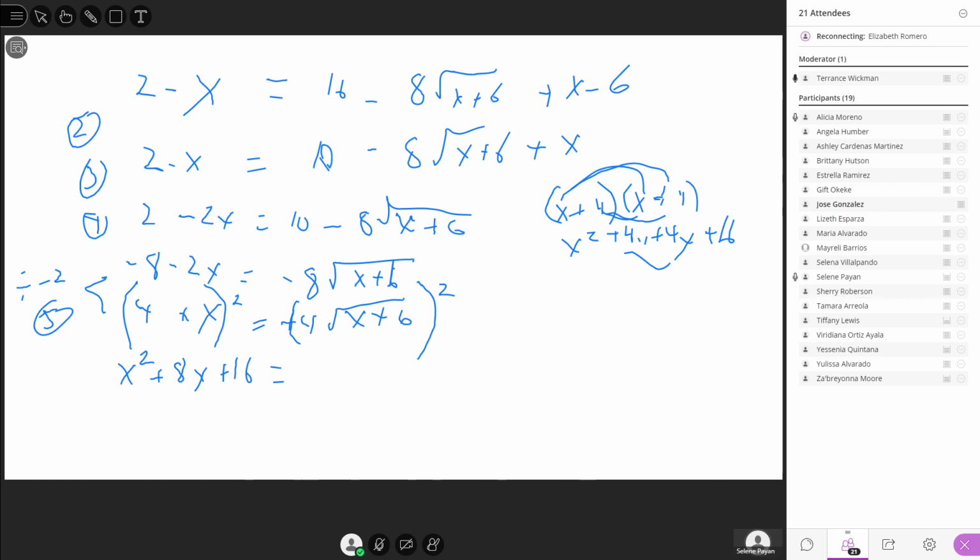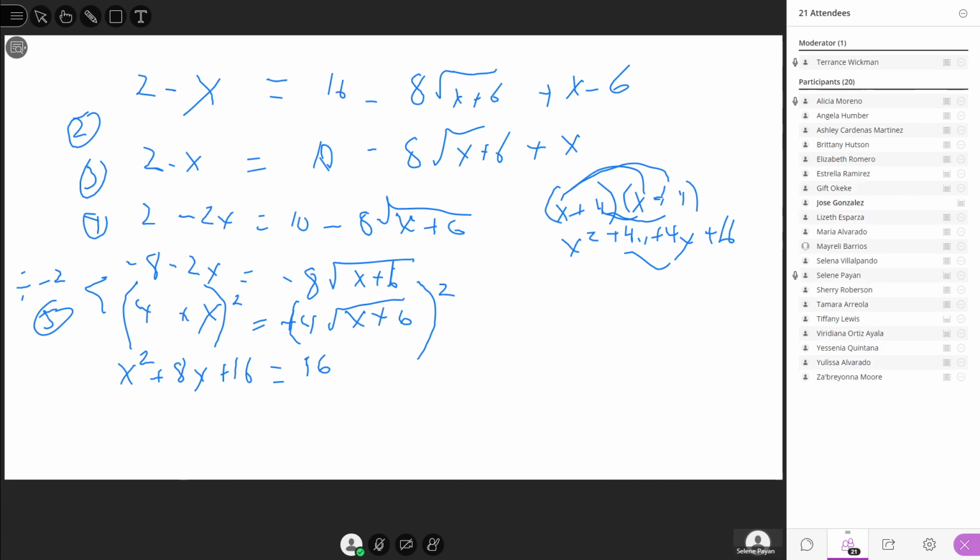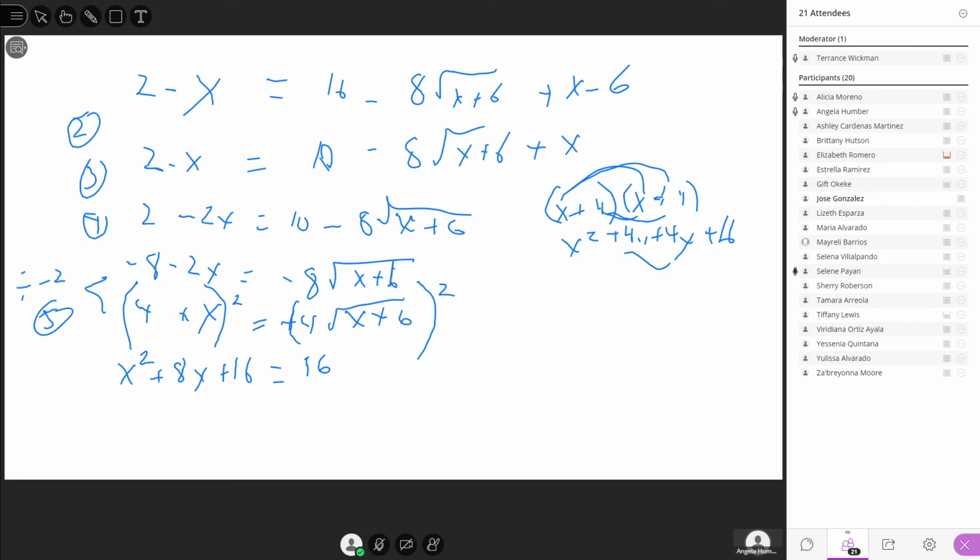Let me ask it this way. What is 4 squared? 16. What's the square root of x plus 6 times the square root of x plus 6? Remember the square root of 3 times the square root of 3?